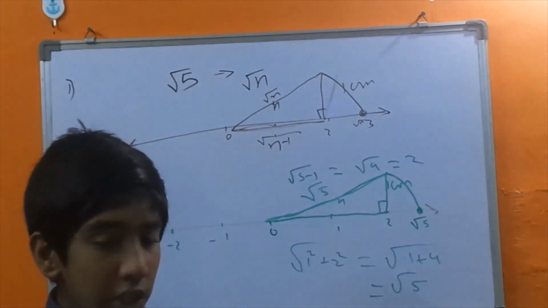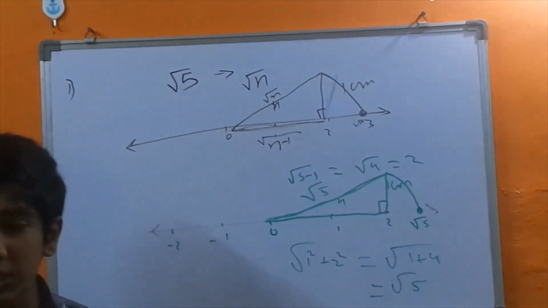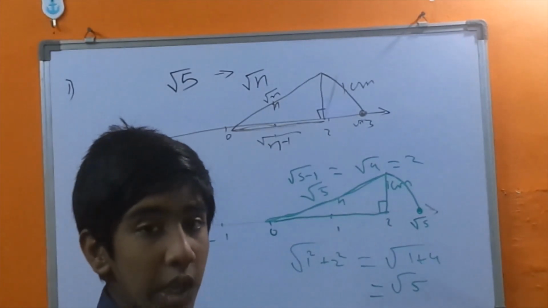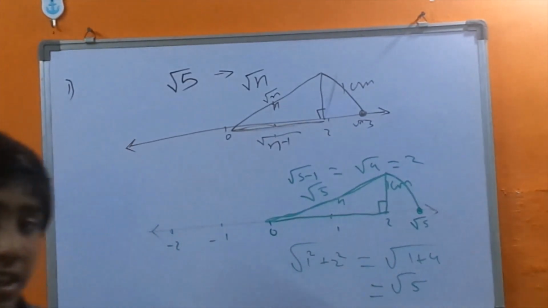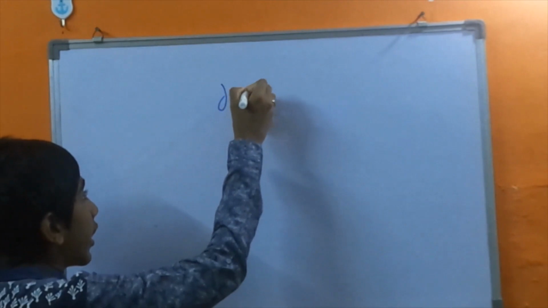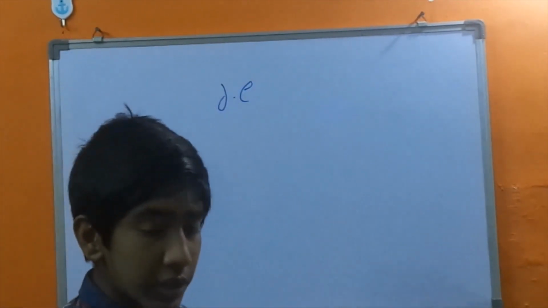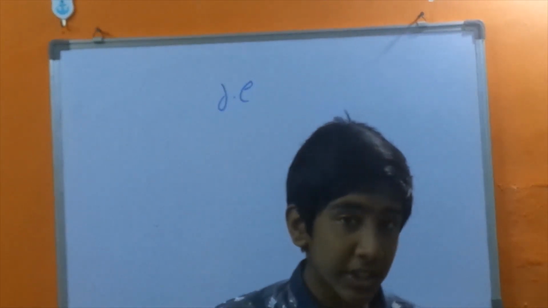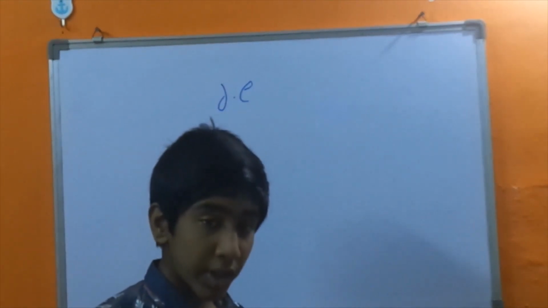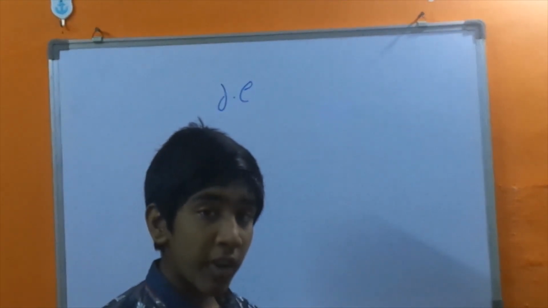Okay, now we are going to discuss decimal expansions of rational numbers. So, what do we mean by the term decimal expansion? Decimal expansion is nothing but the representation of a rational number in its decimal form.